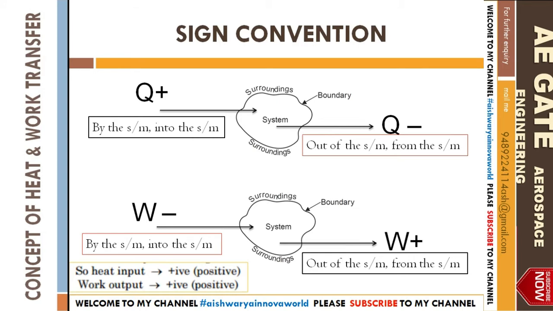First you have the system. Here you have q positive. First you're doing heat, then you're studying work. Here on both sides we have the same sign. When heat is entering, it becomes positive.